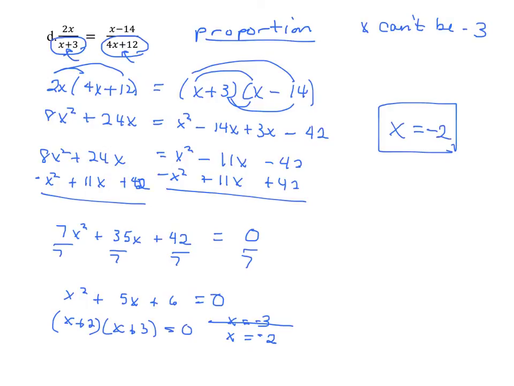And then finally, let's do the check, because these problems are so complicated, a lot of algebra involved, and there are places to mess up. So 2 times, and I'm going to stick negative 2 in for x everywhere I see an x.